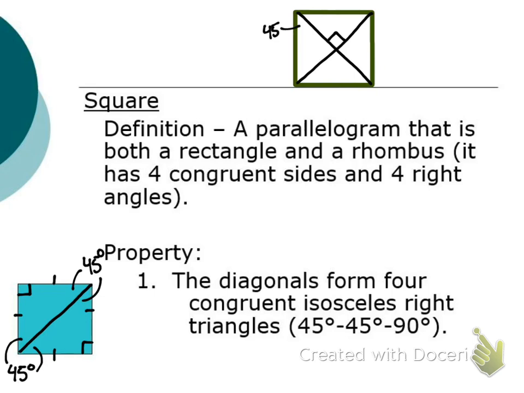So we've still got a 45 degree here, 45 degree here, 45 degree down here. So there are lots of 45, 45, 90s inside of a square. You've got the big ones when you split it in half, or you come up with these 4 little ones when you put both of your diagonals in. All of these little angles in the corners now are 45s.